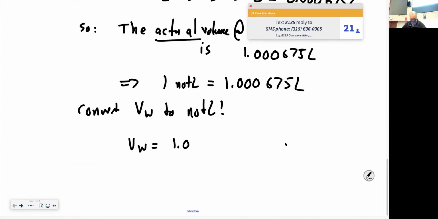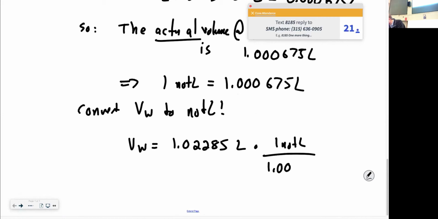Thank you. Okay, so we know that this is 1.02285 actual liters. We need to now convert, but we know how many not liters there are in a liter. All we have to do is unit conversion. I can multiply this by 1 not liter per 1.000675 liters.